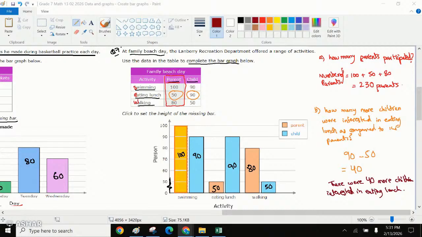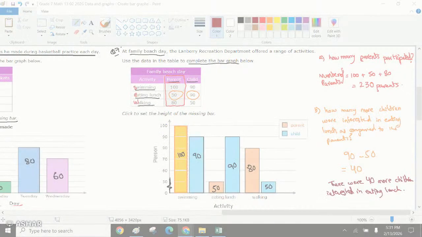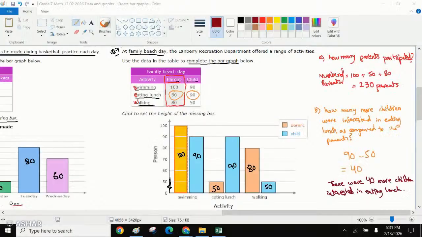The next question says, for the given information, the aquarium sold 100 tickets on Monday, different number of tickets being sold on different number of days. And we need to use this information. In this case, the information is not given in the form of a bar.